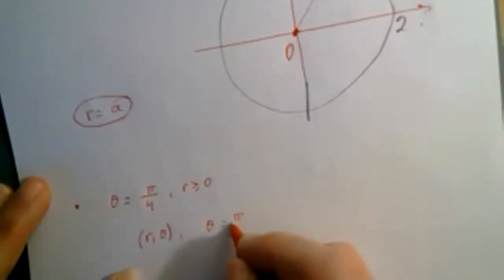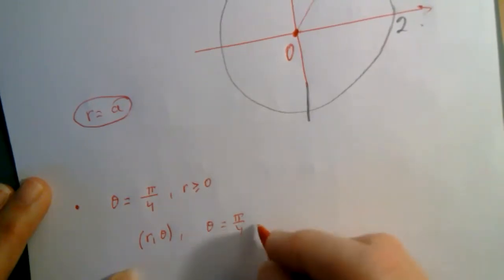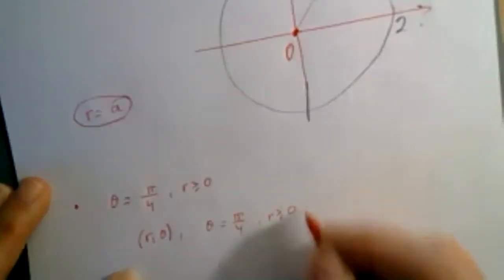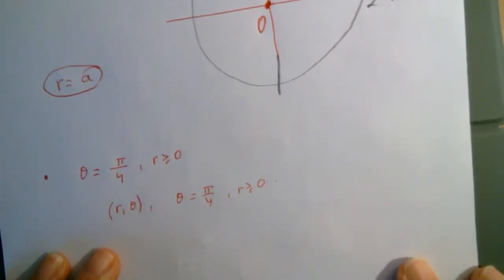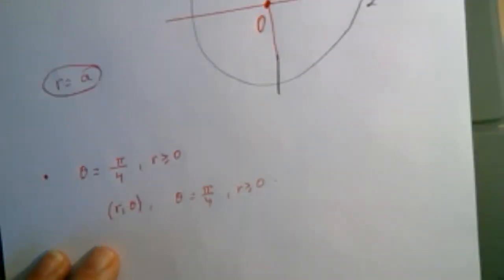Theta has to be pi over 4. And the r has to be positive. So I will again want you to think about it for a minute before we draw, and I always appreciate answers on the chat. What do we expect to get?